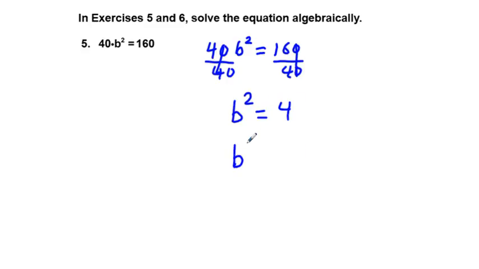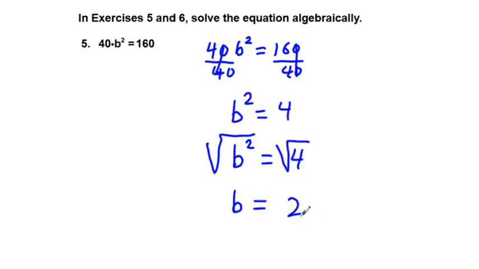So to solve for b, to cancel out that squared, we take the square root of both sides of this equation. We end up with b equals the square root of 4. What's the square root of 4? 2. Now, is this our answer? No, b equals 2 is a partial answer. Our complete answer is going to be found by taking plus or minus 2.